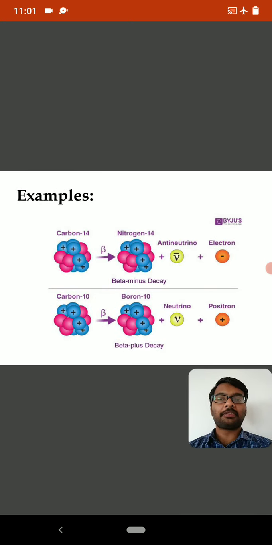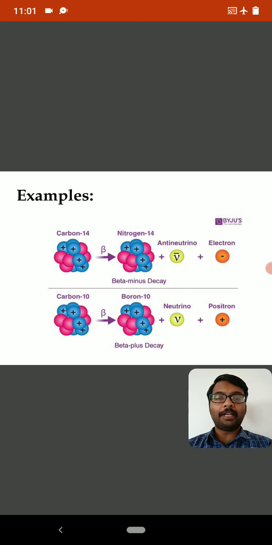We will consider some examples for these three processes. The first one, for beta minus decay: the carbon 14 nucleus undergoes beta minus decay. If you look at the periodic table, carbon has atomic number equal to 6. So the proton number is 6, which means the neutron number is 8, since the mass number is 14.